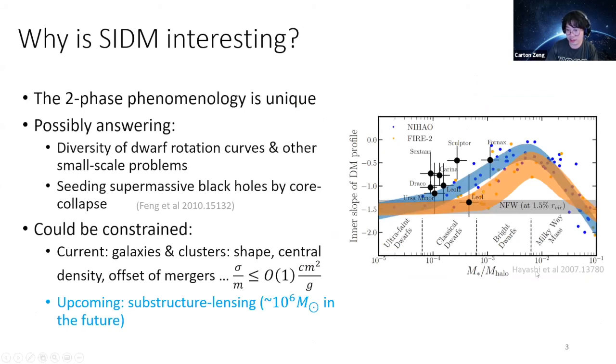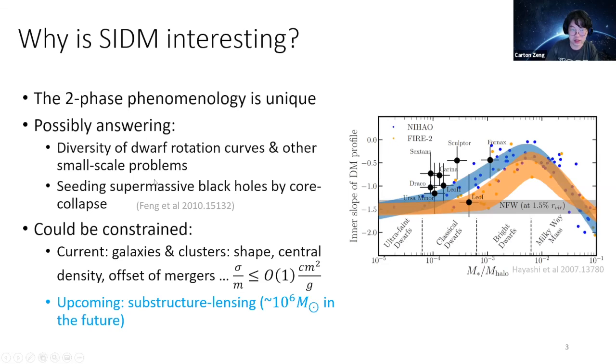From this Hayashi paper back in 2020, the two bands here are the inner slope of dark matter halos from NIHAO and Bertu, which are two hydrodynamical simulations, while the dots here are from actually observed Milky Way dwarf satellites. So as you can see, even by including baryons in hydrodynamical simulations, they cannot completely answer the diversity of these observed Milky Way dwarf satellites.